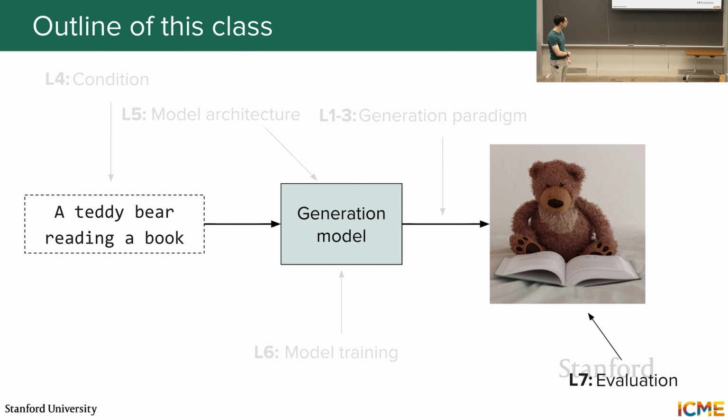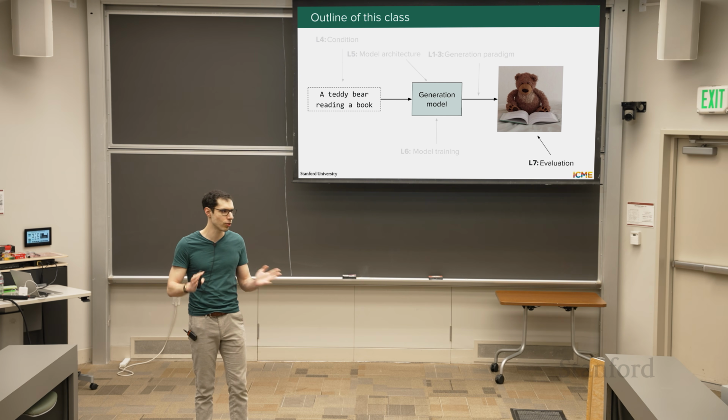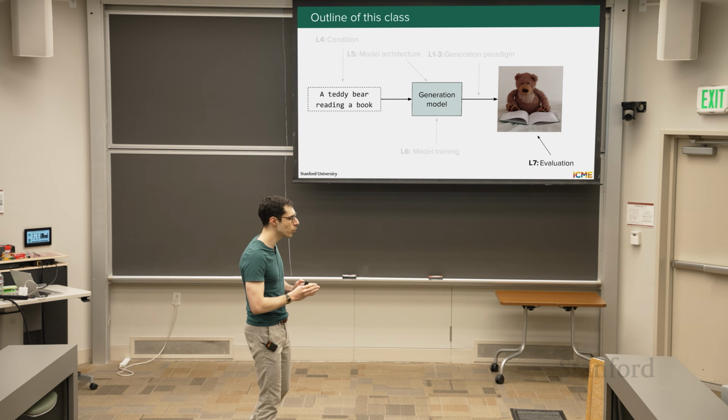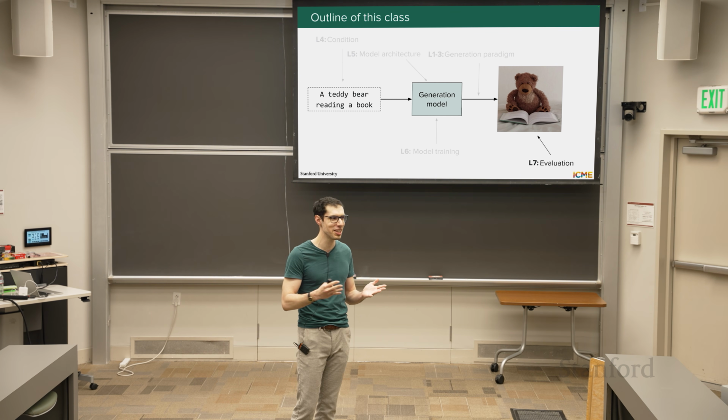And finally, lecture 7 will be about evaluating images. Because if you look at an image, I'm not sure about you, but it's not super obvious how you would define an image as being great or not great. So you will see that the field is full of acronyms when it comes to metrics.